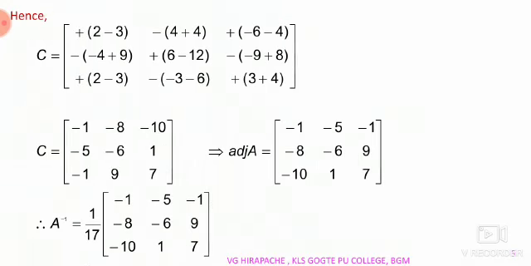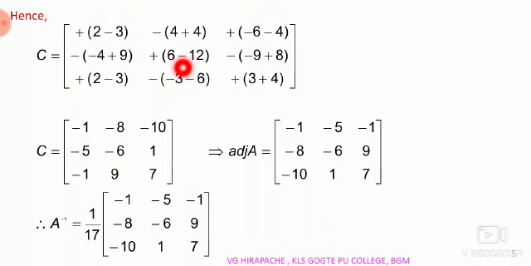Once you know the determinant of A is non-zero, then one should find the cofactor matrix. Hence, the signs for the first, second, third rows respectively are plus, minus, plus. These are the elements of the minor of the first row first element, first row second element, first row third element. And dear students, in the previous 2-3 lectures we have already seen how to find the minor and cofactor of a given matrix.